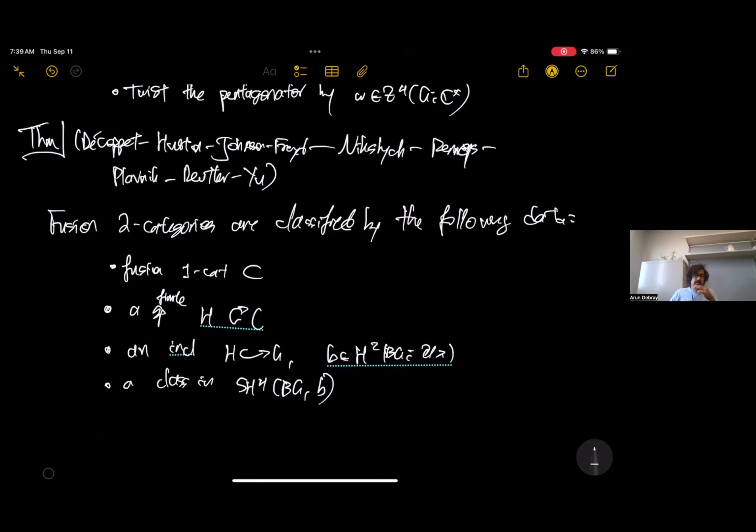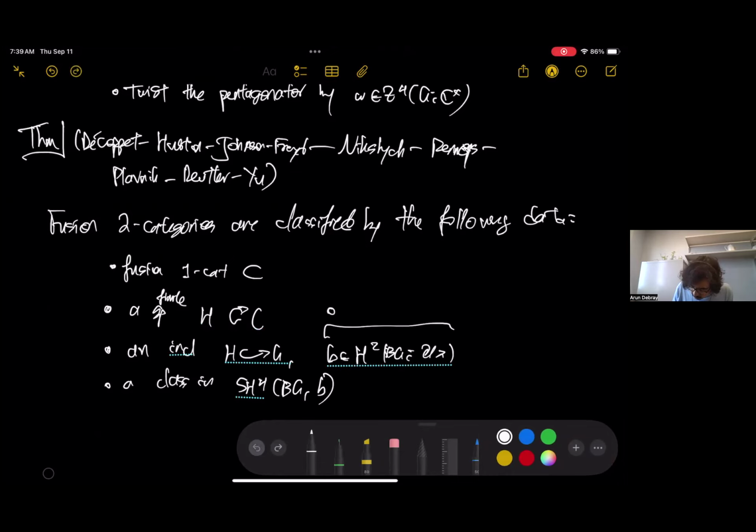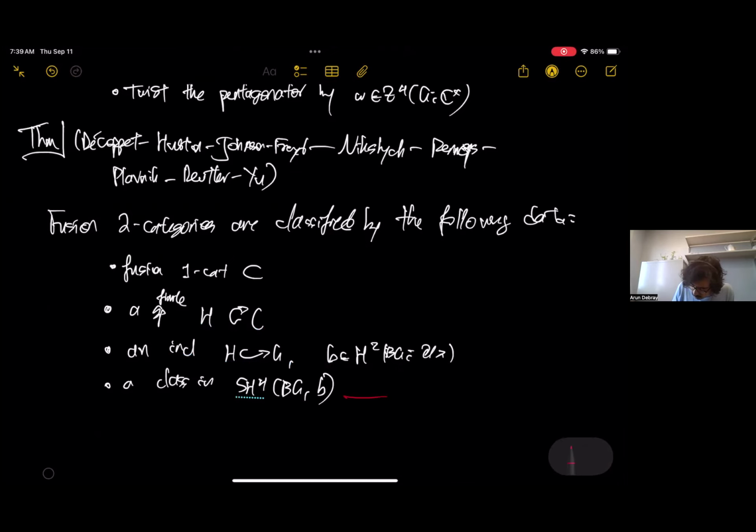So somehow it's like we have a group acting on this fusion category. We want to extend the action, but there's going to be some sort of obstruction. Sorry, that obstruction is down here. So I realize I'm being vague and I'm sorry.